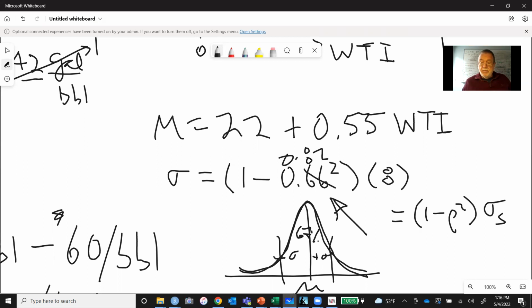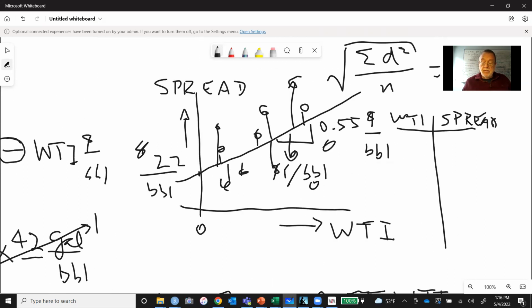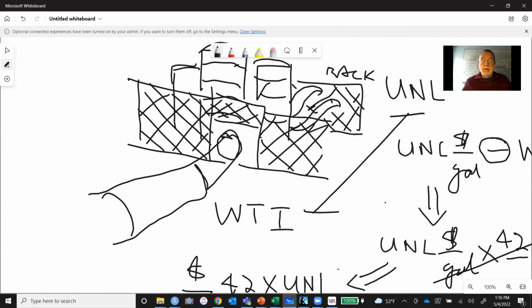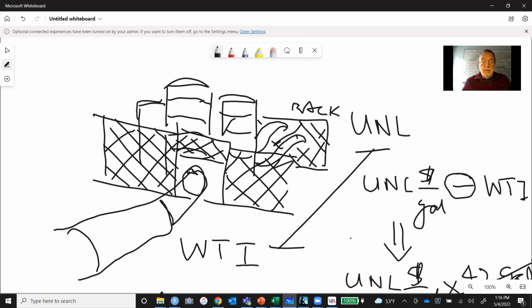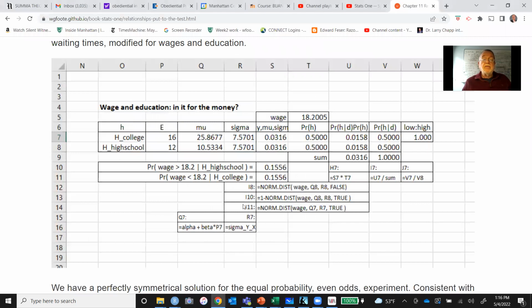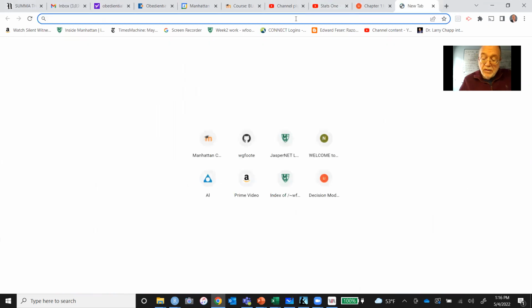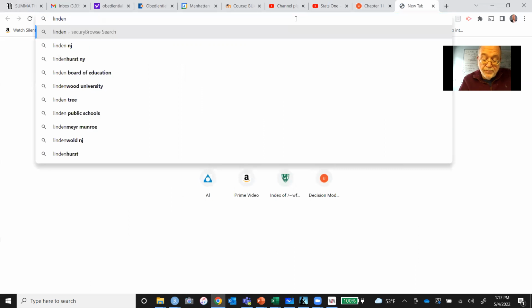Let me pull the refinery back up here. Maybe we can find Linden, New Jersey.